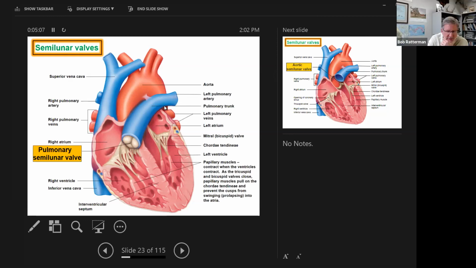Come on, you should know this. If it's oxygen poor blood and it's leaving the heart, do you want to take it to the muscles? No. Where do you want to take it to get it oxygenated? The lungs. Right, the lungs. So the blood here is going to the left lung. The blood here is going to the right lung.